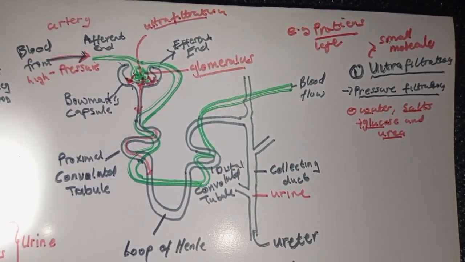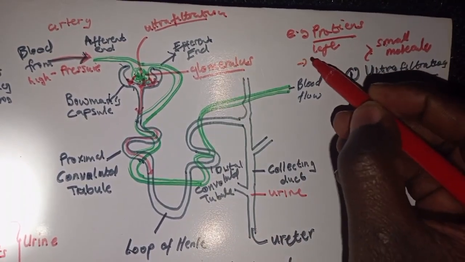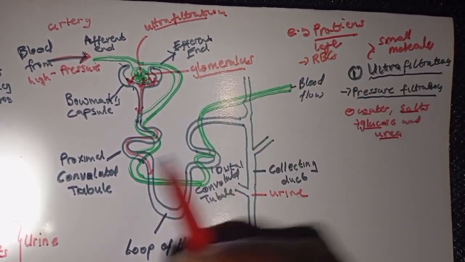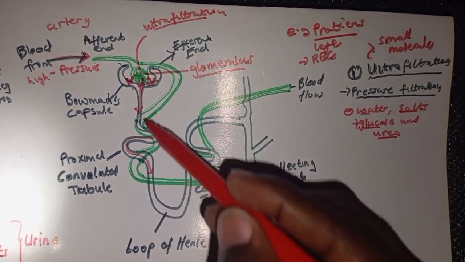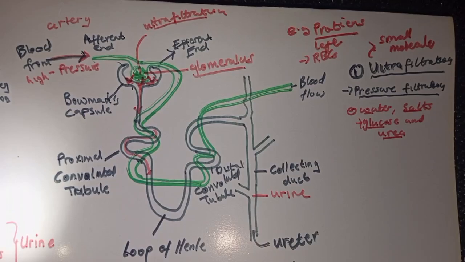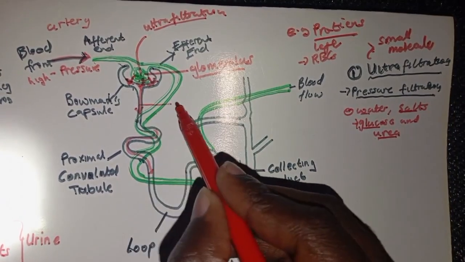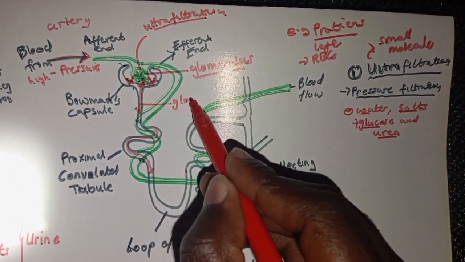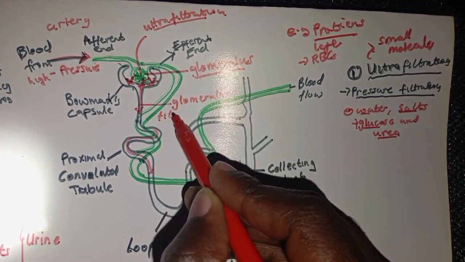So the other things that are left apart from proteins, also red blood cells, they are too big to be filtered out here. Red blood cells are too big to be filtered out. Okay, so that is what happened. So now what will come out here, what is passing here, it is known as glomerular filtrate.